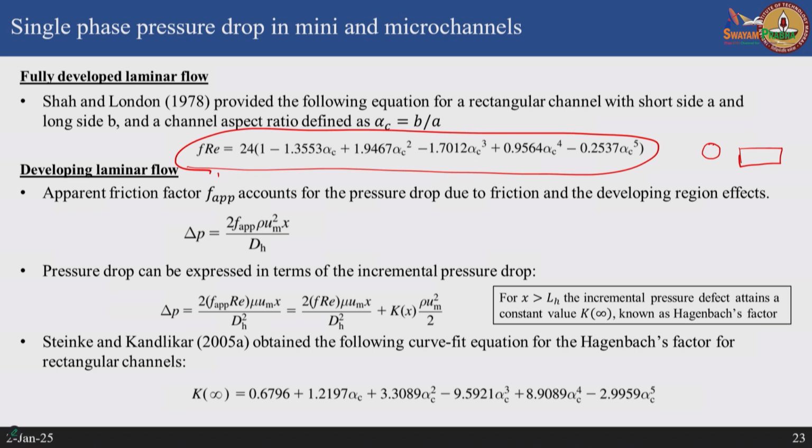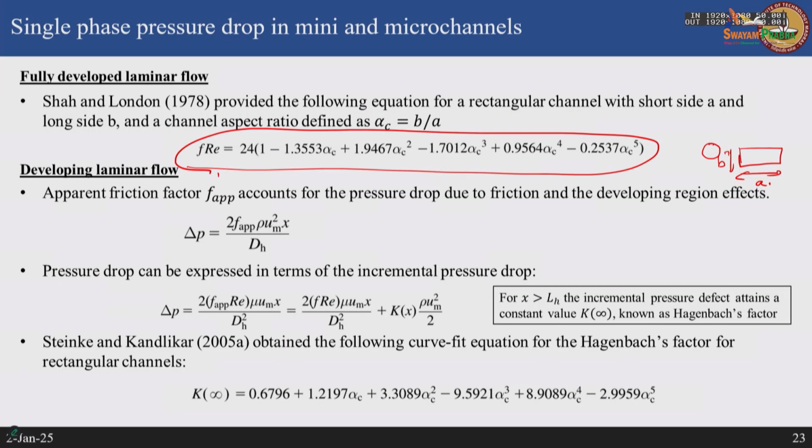So, these cross sections can be of different aspect ratios, where this is B and this is A. Depending on the aspect ratio, for example Shah and London have given a correlation for the single phase friction factor for rectangular channels of different aspect ratios.